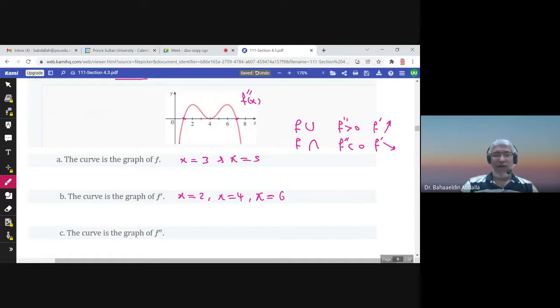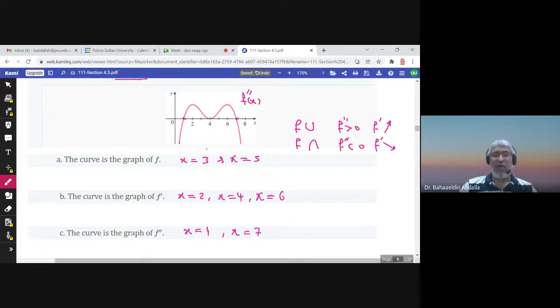So before 1 f double prime is negative, after 1 f double prime is positive. So at 1 we will have an inflection point for f. Also before 7 f double prime is positive, after 7 f double prime is negative. So when x is 7 we will have an inflection point for the graph of f.